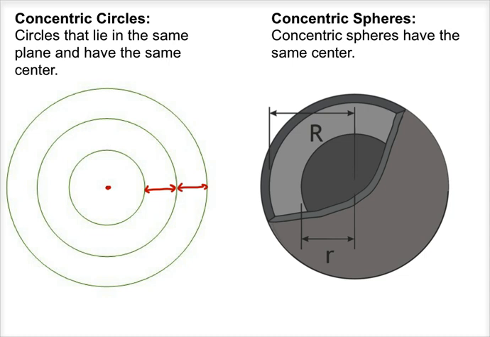I could have another circle that would still be concentric if it had the same exact center, even if it looks like it's off a little bit here. So even if I had this circle right here, it's still concentric to the other ones. Even though the spacing isn't the same, it has the same center. And the same thing for spheres: spheres that have the same center are concentric spheres.